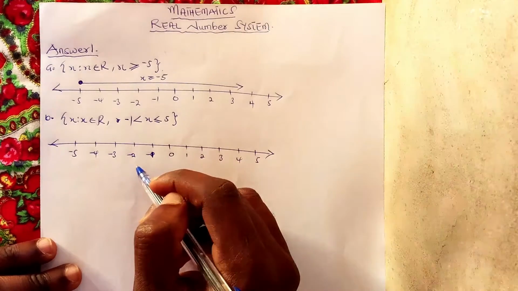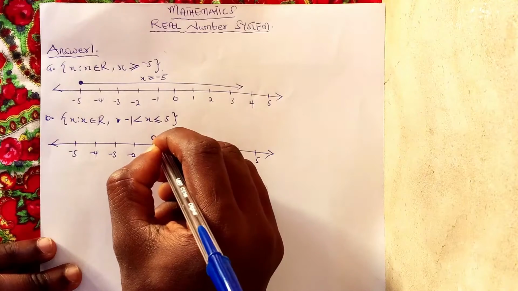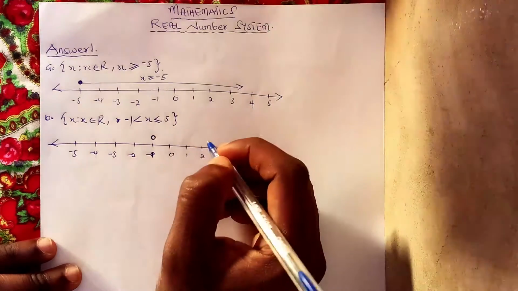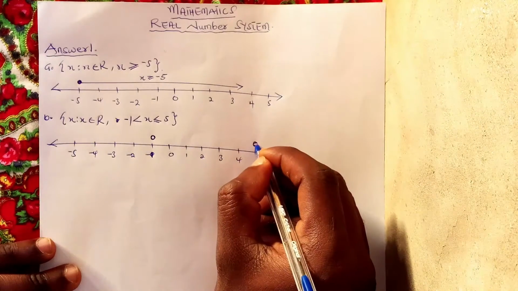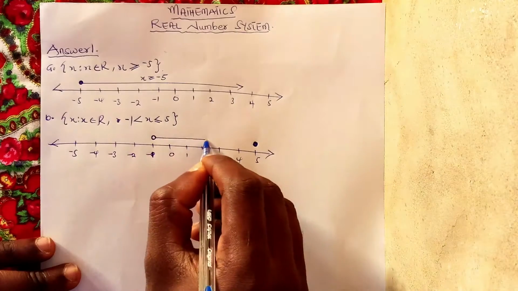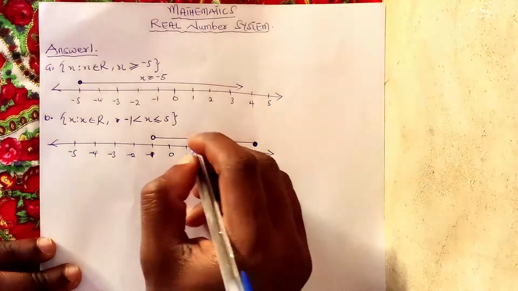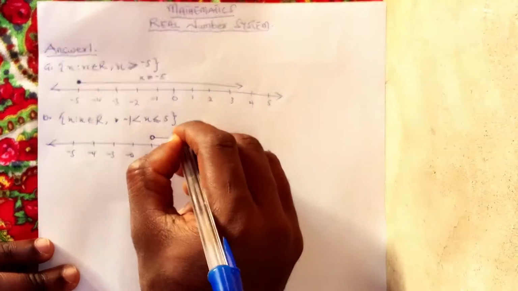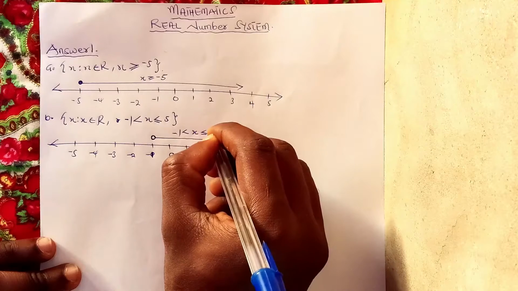So X is greater than minus 1, so you have an open circle on minus 1. And we have a closed one, a shaded one, on 5. And we join them together. Then we write minus 1 less than X less than or equal to 5.